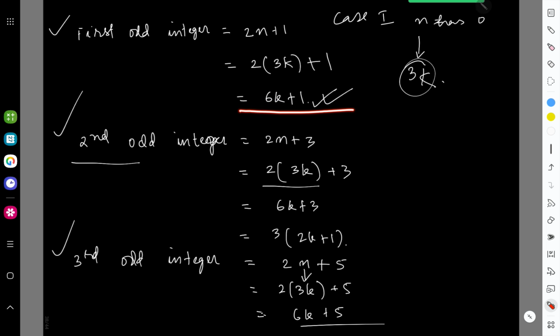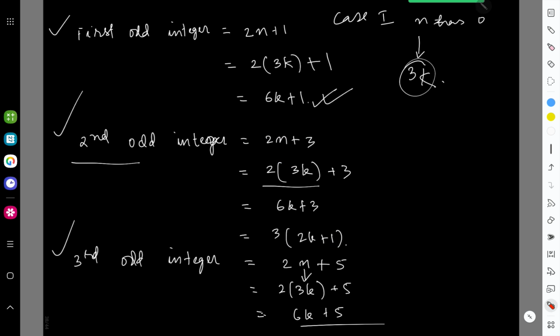But for the first, it is 6k plus 1. Although we can write 6k in the form of 3 into 2k, there is plus 1 after this term, so the remainder is 1. Whenever the remainder is not 0, it is not a multiple of 3. So the first is not a multiple of 3, but the second, 2n plus 3, is.